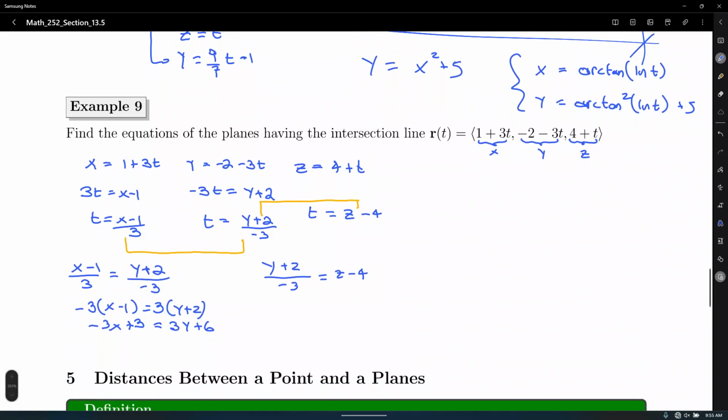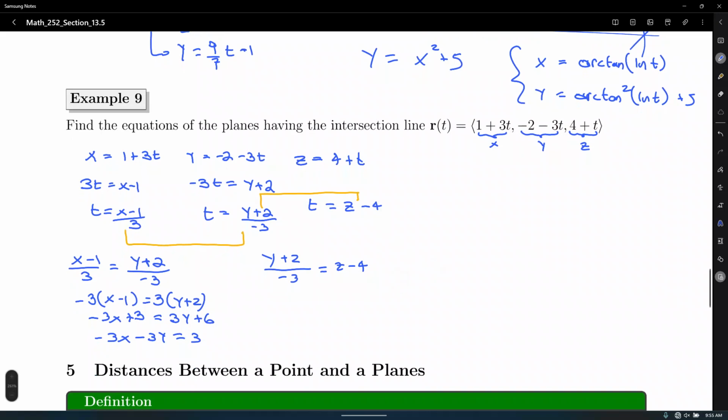Let me move the variable terms to the left-hand side. That's negative 3x minus 3y, and let me subtract 3 on both sides. That's going to give us a 3. So in the end, the equation is negative x minus y equals 1. So that's one equation of the plane.